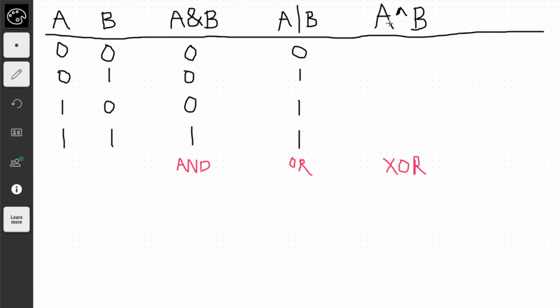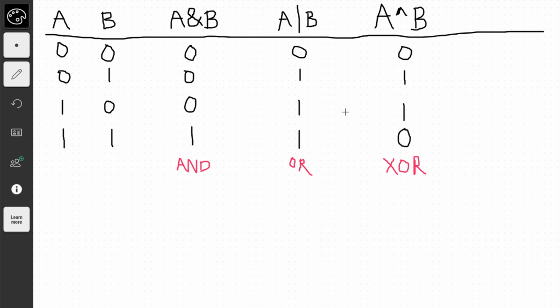I'll give you a 1 if the first one is 1, or if the second one is 1, but not if both of them are 1. So we're going to get 0 in this case, because no ones. Here there's 1, 1. Here there's 1, 1. And here, they're both 1, so I'm afraid not. That's the X part of it. That's the exclusive part of it. Okay. Sorry, it's bothering me how wobbly that looks. 1, 1, 0. Cool. All right, so these are our bitwise operations.